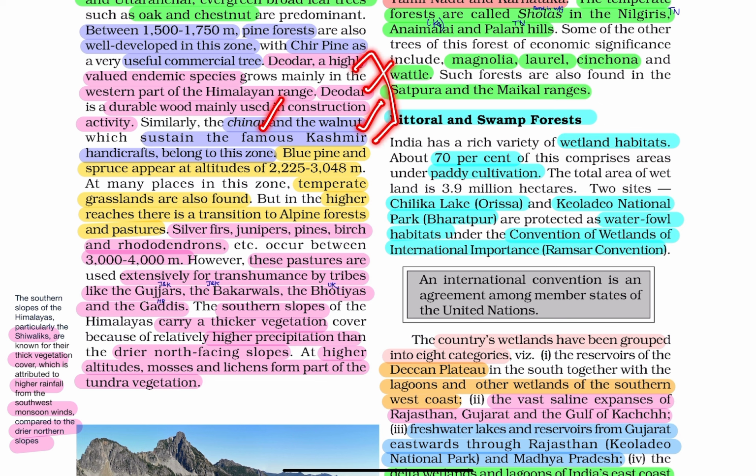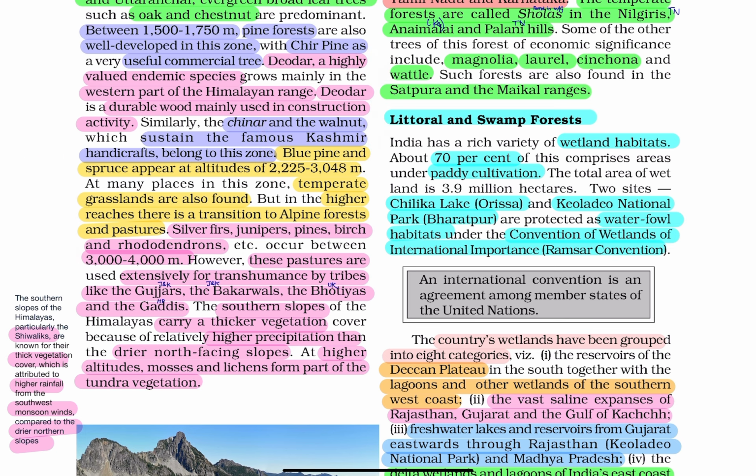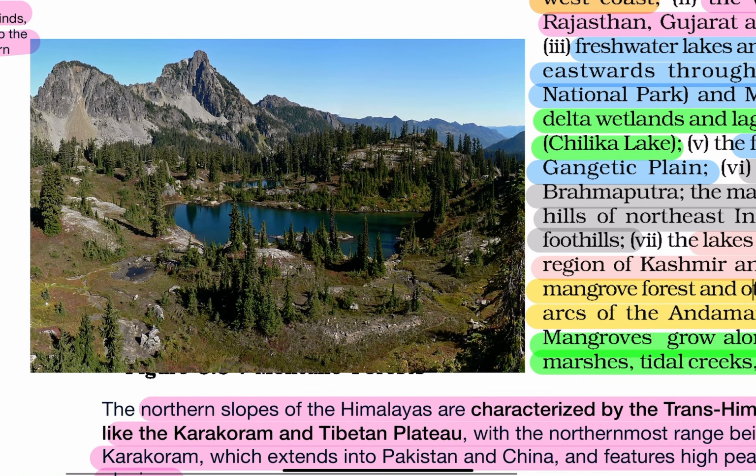Then we have another example. If you move further up, imagine that you are also walking up. Between the height of approximately 2225 to 3048 meters, we have blue pine and spruce. You can look at their pictures on the internet, but as you can see here, I have shown the type of vegetation you'll find in the mountain areas.